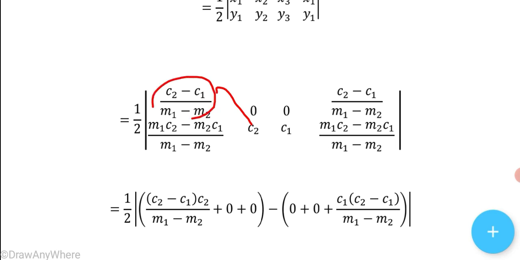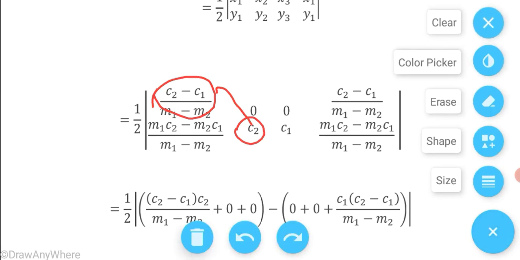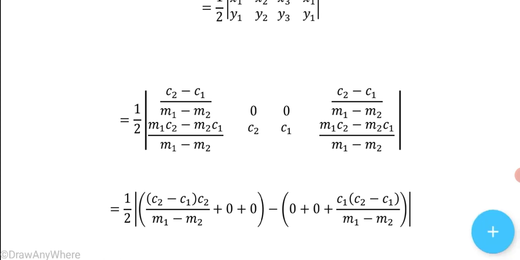Then plus, multiply these two terms, 0 into c1, which is equal to 0.